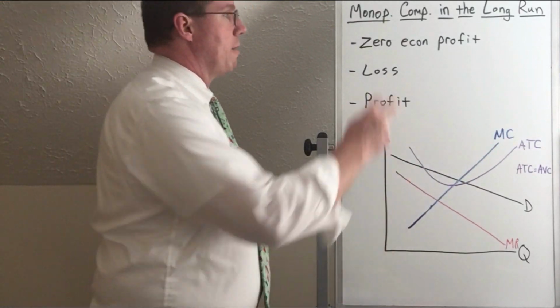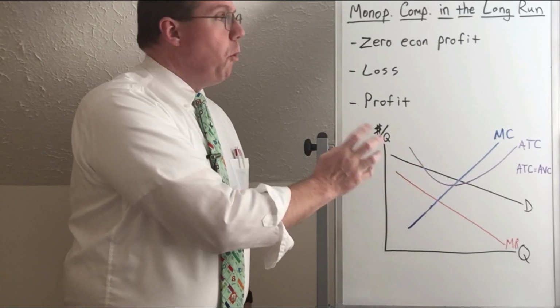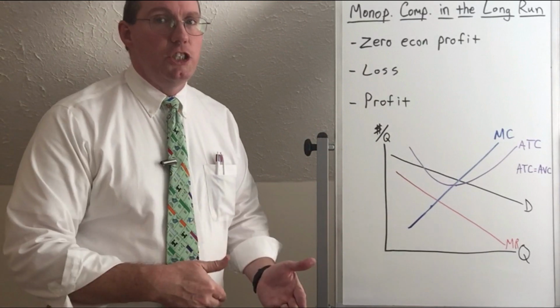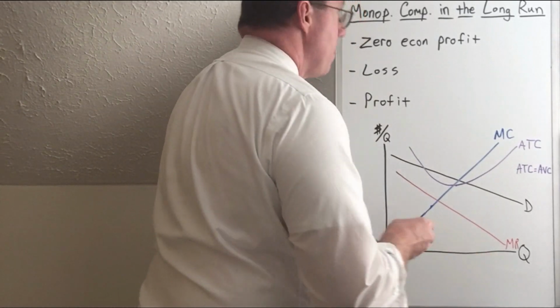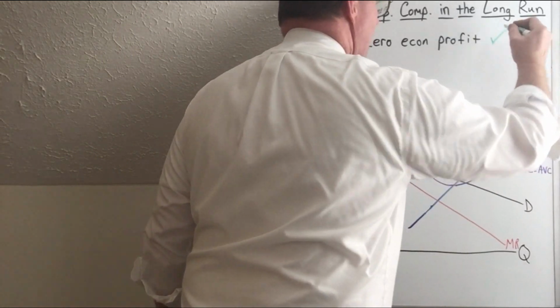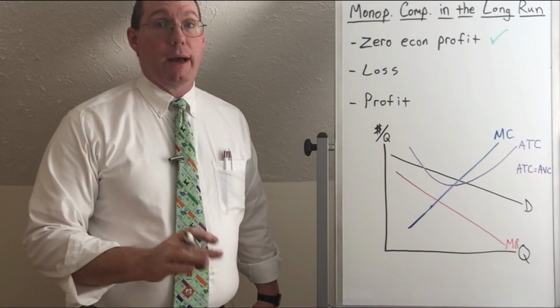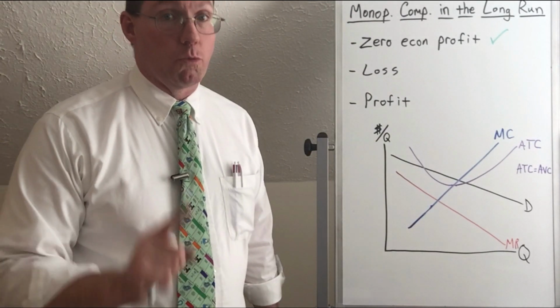Now let's first talk about zero economic profit. This is not zero economic profit. But what if it was zero economic profit? Would we be talking about a change in the market? No, because remember what we've said before: zero economic profit is normal for the long run. Everybody earns zero economic profit in the long run if they have a long run.